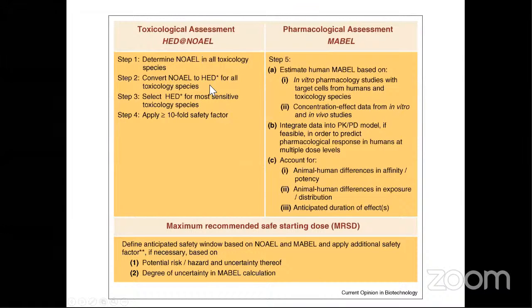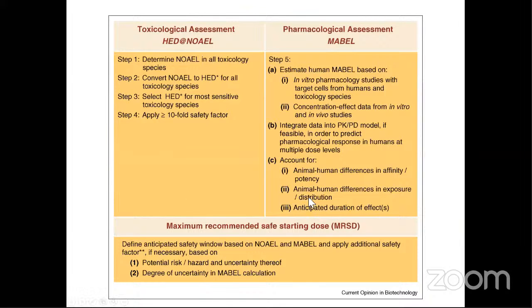That conversion is based on allometric scaling, where you identify the dose which is good for the human population. And then you apply this tenfold safety factor for the NOEL, and that would be your dose. We'll go to the example a couple of slides later, with individual numbers.